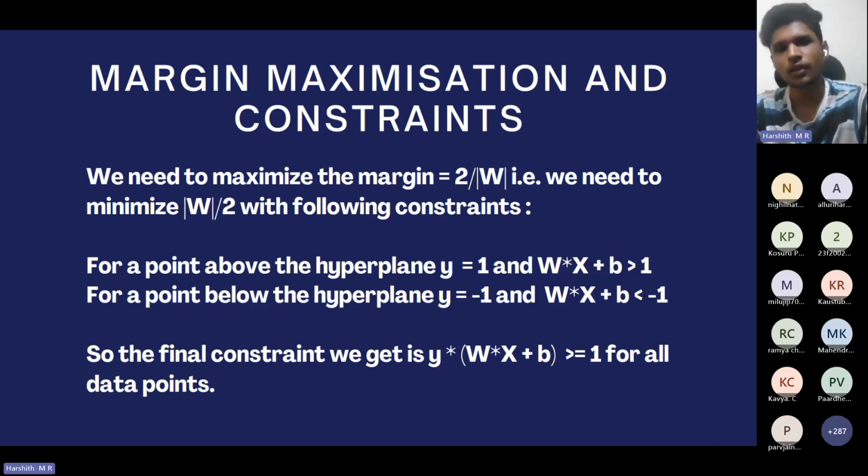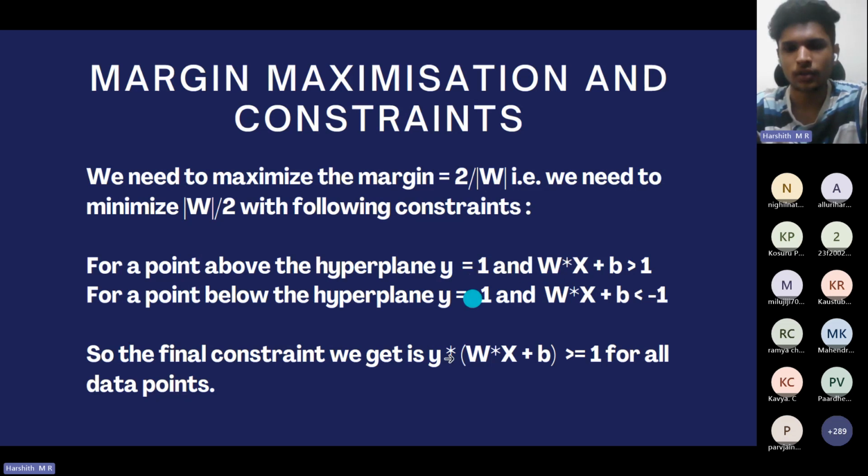So in order to calculate optimal values for W and B, we need to maximize the margin 2 by magnitude of W, which also means that we need to minimize magnitude of W by 2. It's just the reciprocal. If you maximize this, the other in turn would be minimized. And we not only need to minimize this, we also need to follow certain constraints which we defined before. For any point above the hyperplane, it is one class, and for any point below the hyperplane, it's minus 1 class.